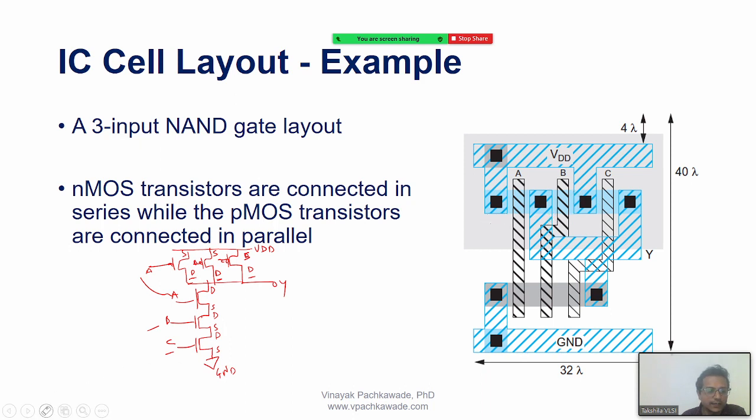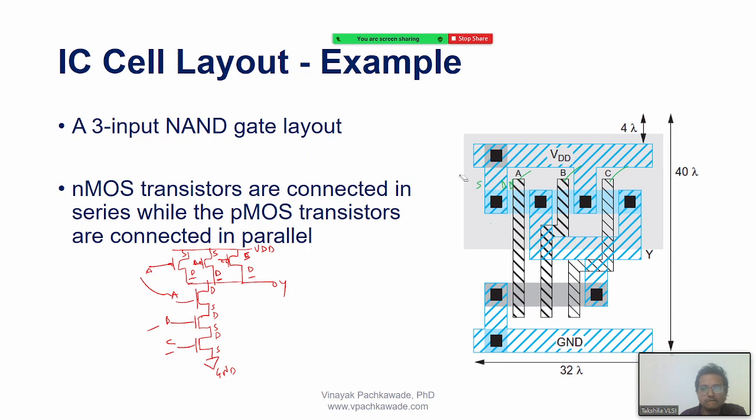Simple way to understand the transistors is, let's say they are separated. This is gate 1, gate 2 and gate 3. So either side of this polysilicon are my sources and drain, right? So let's call it source and the drain. No, once again there is a problem here.